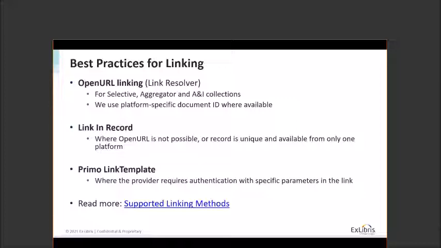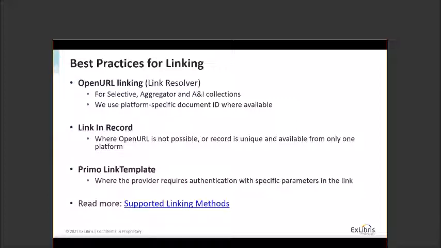Relying only on metadata elements has its benefits, but also its risks, because metadata elements can be inaccurate or not updated. The document ID, when we're using OpenURL, is the best practice, and we're trying to expand and use more of this.